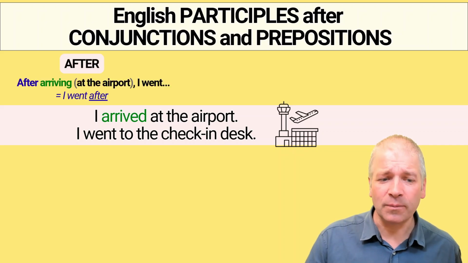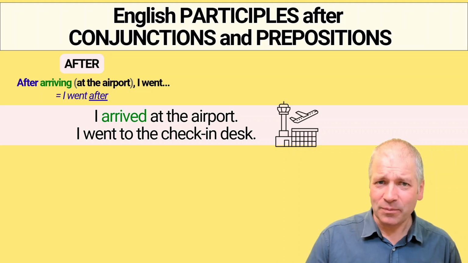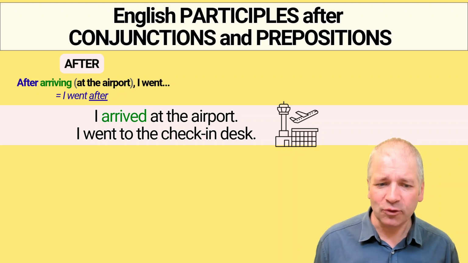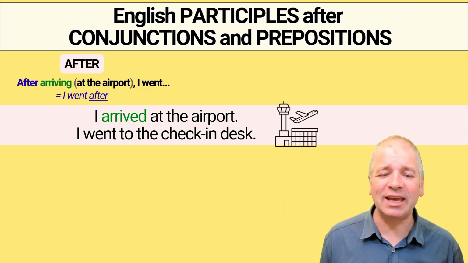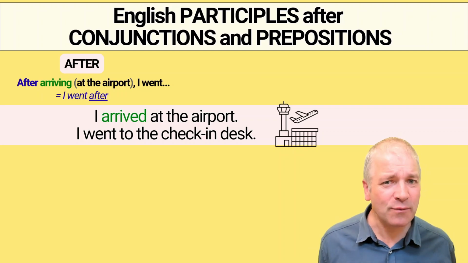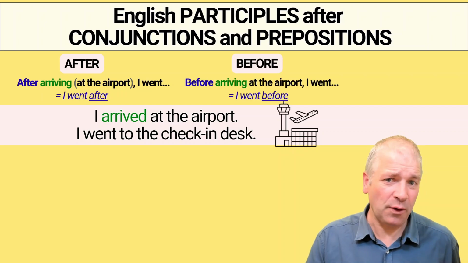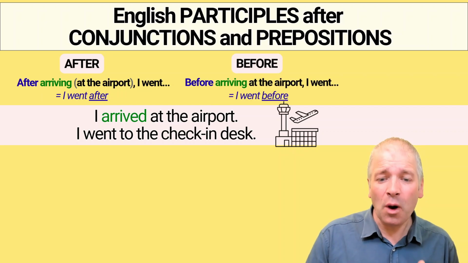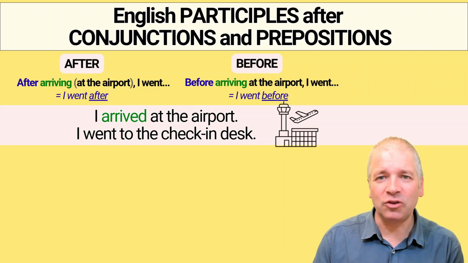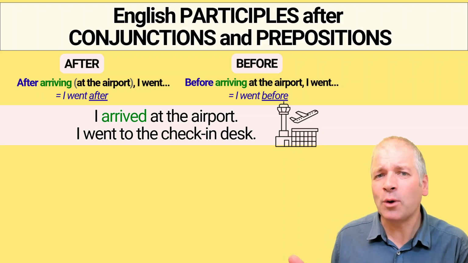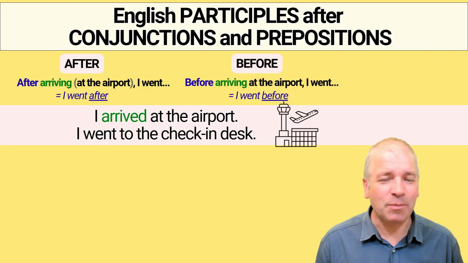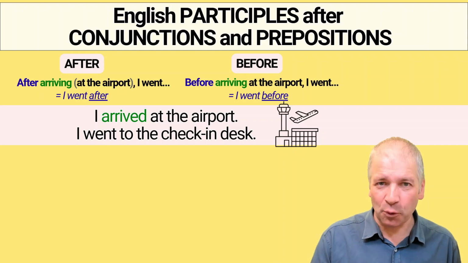Starting with after. After arriving, and we could say at the airport, I went to the check-in desk. After arriving simply means I went after. We could have said before. Before arriving at the airport, I went to the restaurant. And before arriving means I went before.